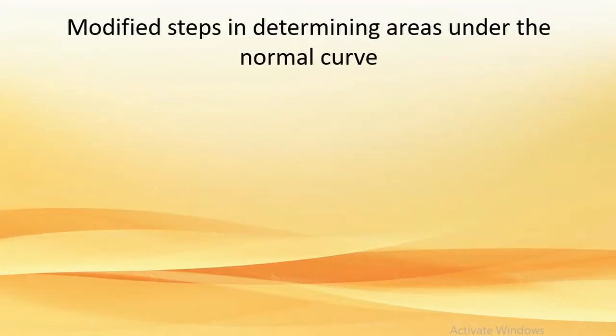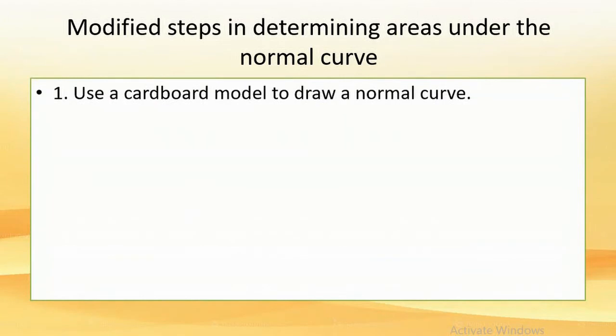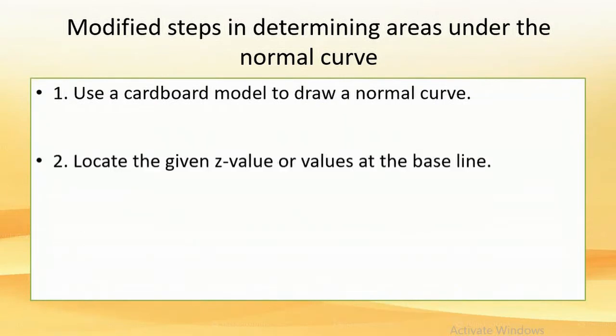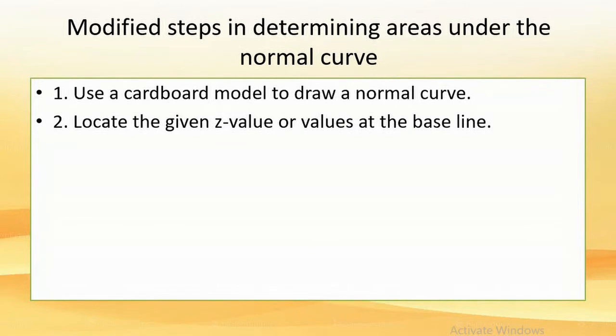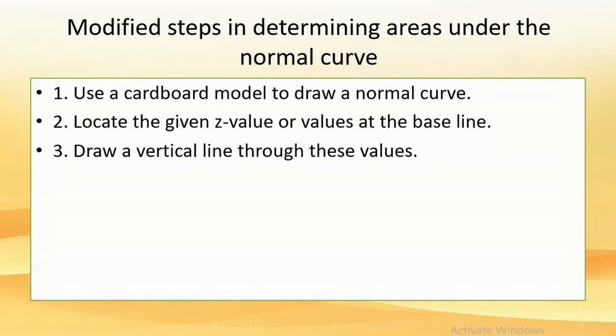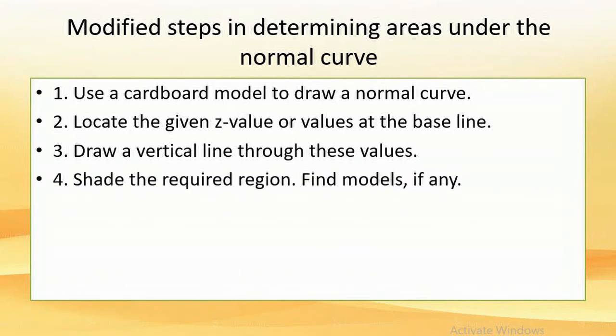Modified steps in determining areas under the normal curve. First, use a cardboard model to draw a normal curve. Number 2, locate the given Z value or values at the baseline. Number 3, draw a vertical line through these values. Number 4, shade the required region.